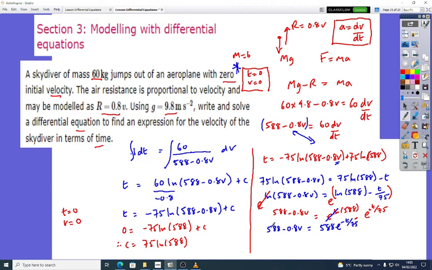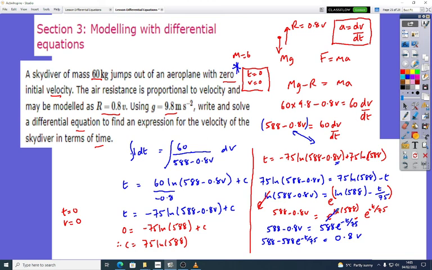Now I'm going to take the v to this side and take that to the other side, because I'm running out of space. I'm going to do it in one shot. So that becomes 588 minus 588 e to the minus t over 75 equals 0.8 v, and all I need to do is divide everything by 0.8.